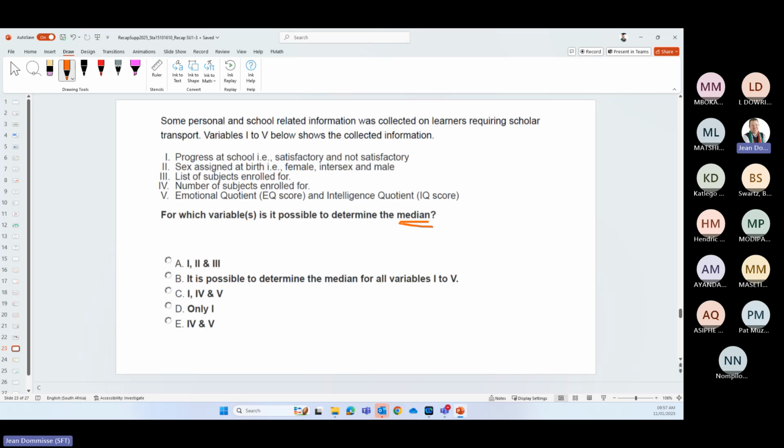No, that's mode, sorry. Median. Is it possible? Progress at school, satisfactory and not. Okay, so that's a difficult one.